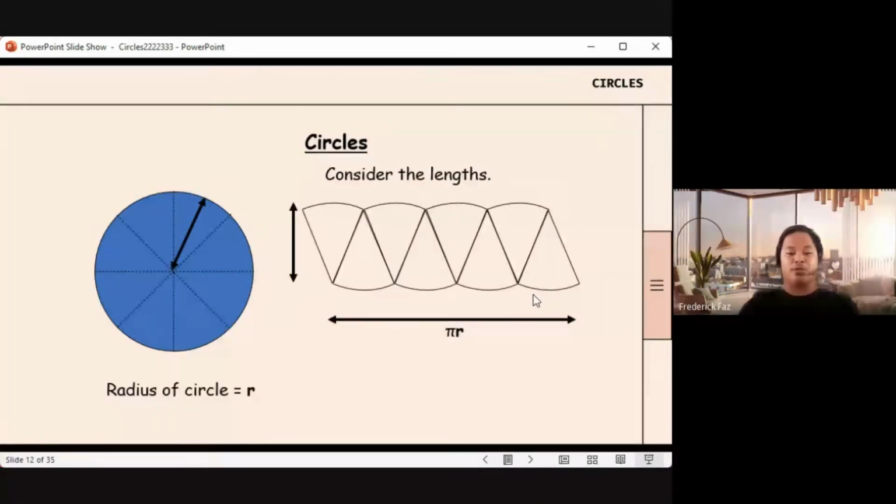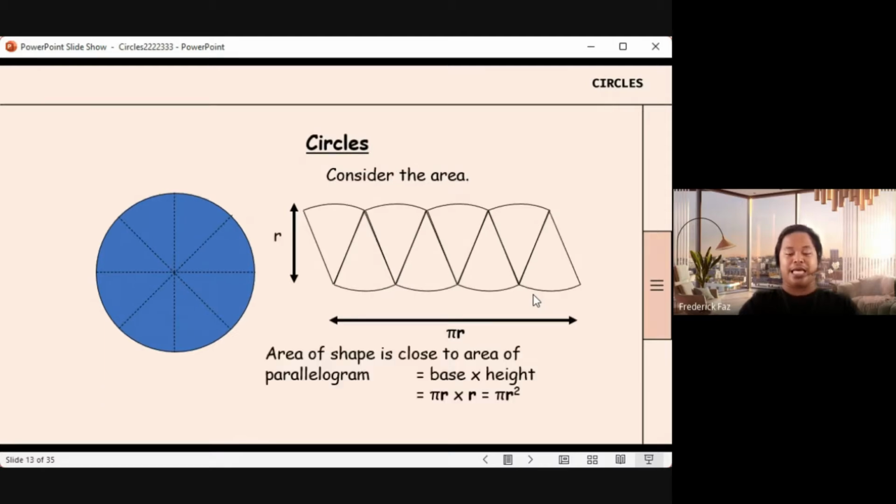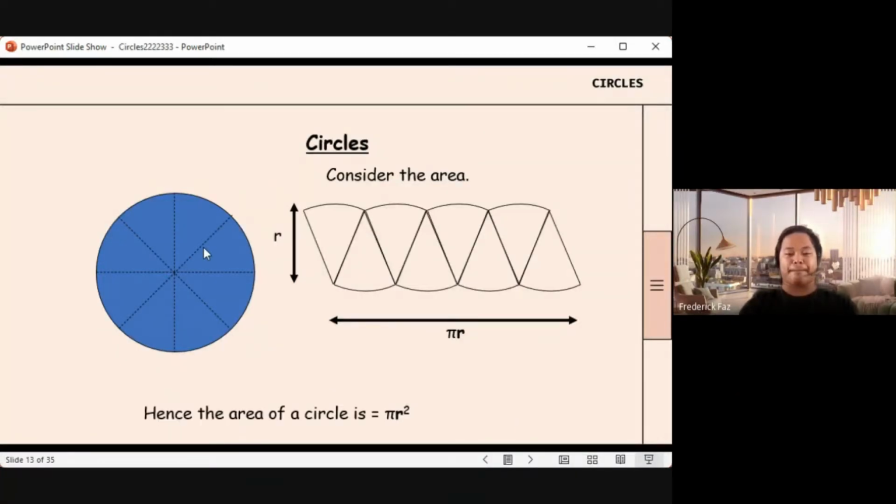And if we're going to determine the area of the circle, we have pi r squared po. If we're going to illustrate it using this figure po, we have a parallelogram here. Di ba po ang parallelogram, the area is equal to base times height. So if we have pi r as our base and the height is r, we can have this formula pi r squared for the area of the circle.